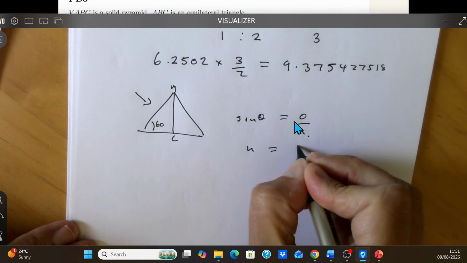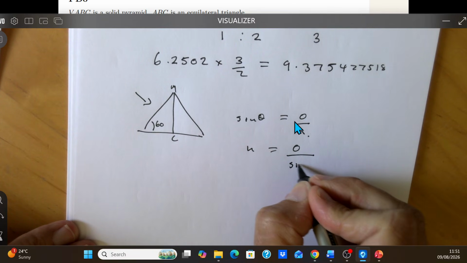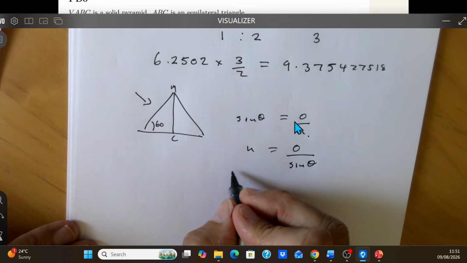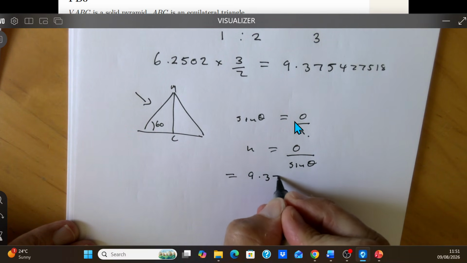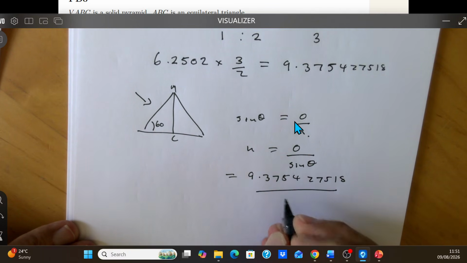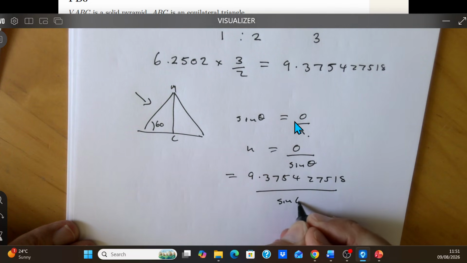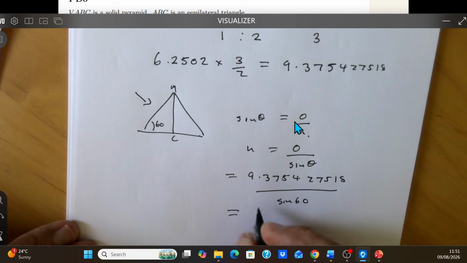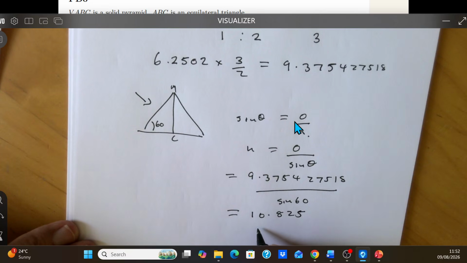So the hypotenuse is going to be equal to our opposite divided by sine theta, which equals 9.375427 divided by sine 60, which gives me 10.825. The question asks us to 1 decimal place, so that's 10.8.